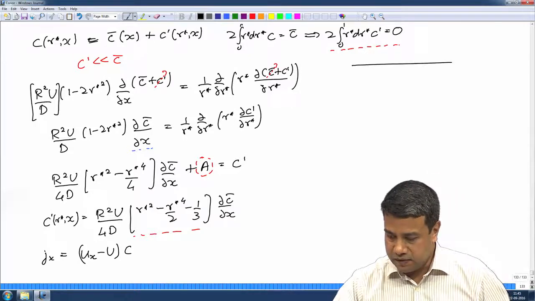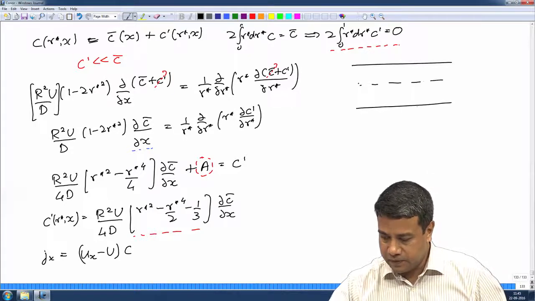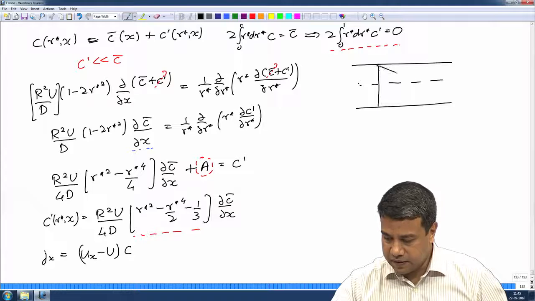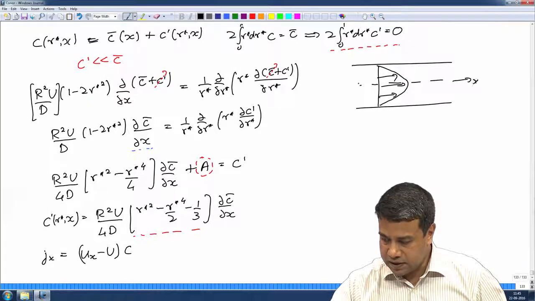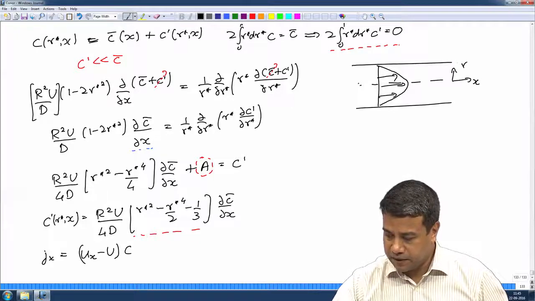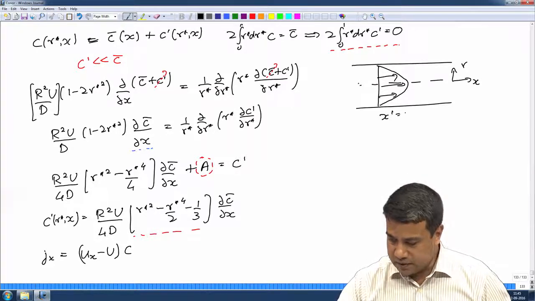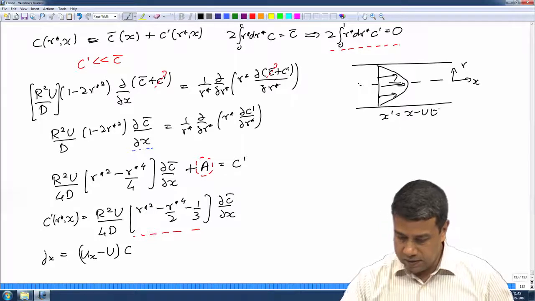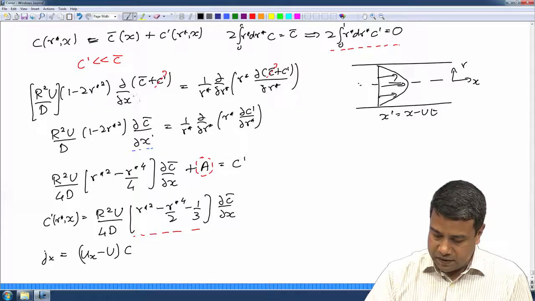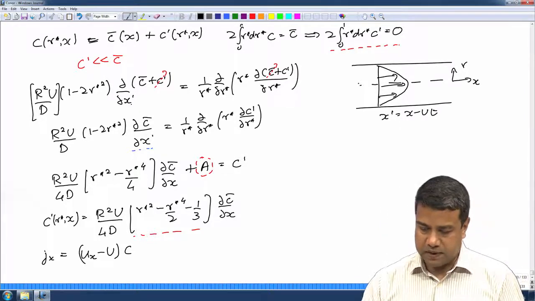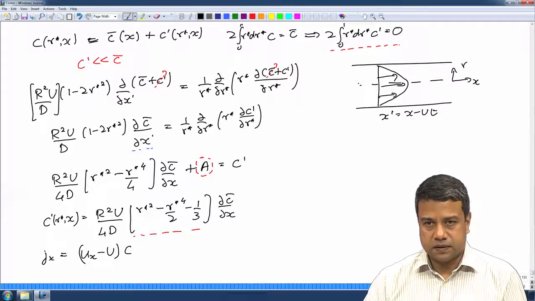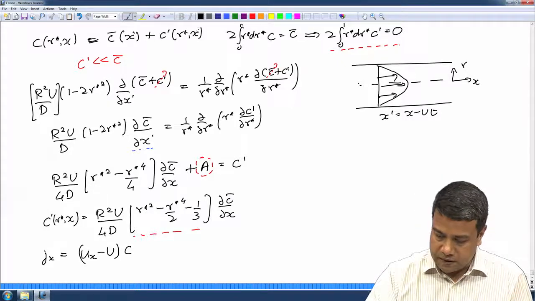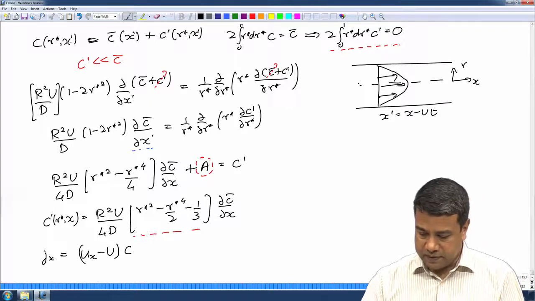If you recall, I had said that we had taken a parabolic velocity profile. This is x, this is r. We have taken x prime equal to x minus ut, and all of these derivatives that we had were with respect to x prime. So, all of these were actually in a moving reference frame.